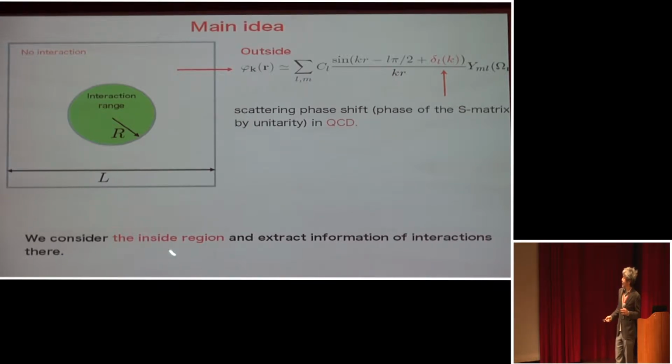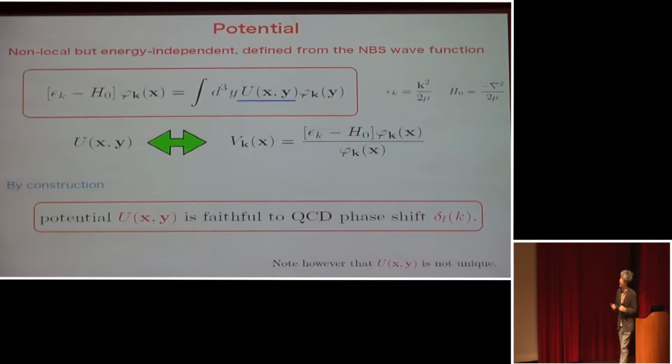However, we consider the information inside this interaction range and extract information about the interaction between the nucleons. So we define the potential using the following equation. Our potential is non-local, but energy and momentum independent, defined from the NBS wave function using this equation.